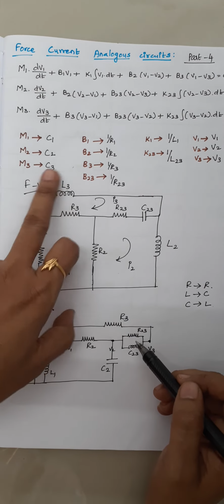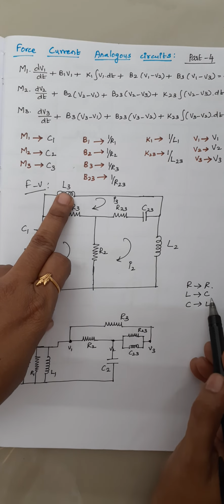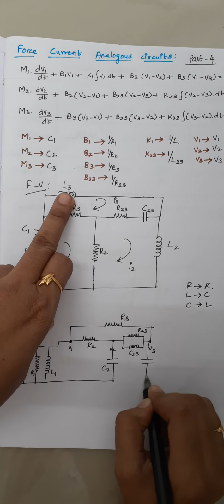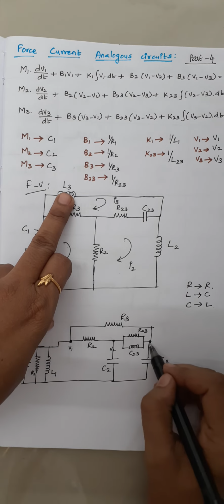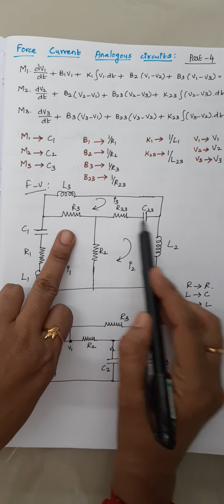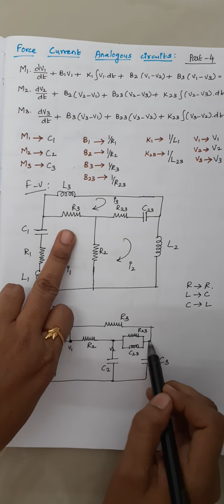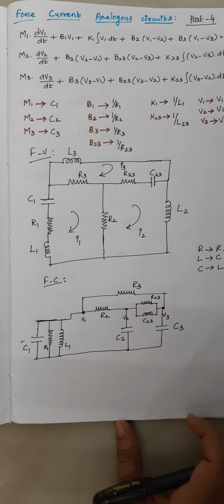And the next ones are R23 and C23, which are also already drawn. The remaining thing is L3, and this L3 should be replaced by a capacitor C3. So to this node 3 just draw a capacitor C3, right? And here also to this node 3 you should have 4 elements: 1, 2, 3 and 4. That's it. This is our force current electrical analogous circuit.